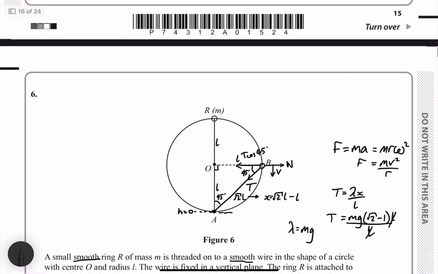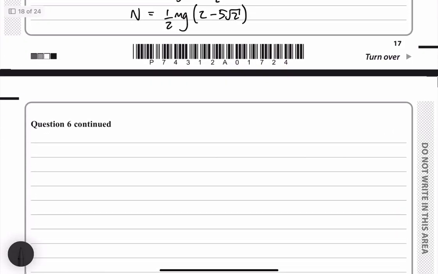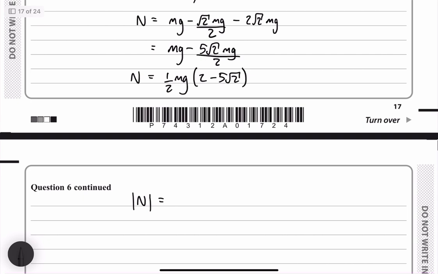Now it might be that I've messed up part of my direction somewhere, but at this point it doesn't really matter, because all I can do is just put a magnitude there, and I can see quite clearly that this is going to be a negative value, because the 5 root 2 is bigger than a 2, so the absolute value of this, or the magnitude of this, is going to be 5 root 2 minus 2 in the bracket there like that.